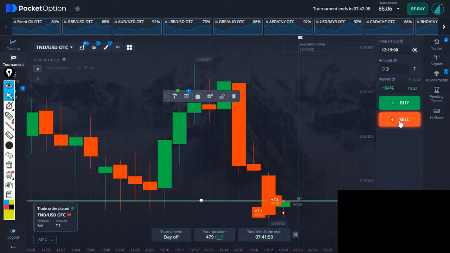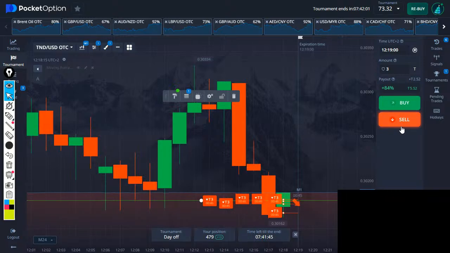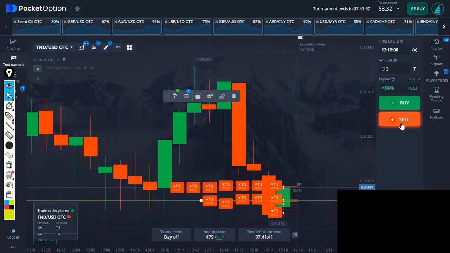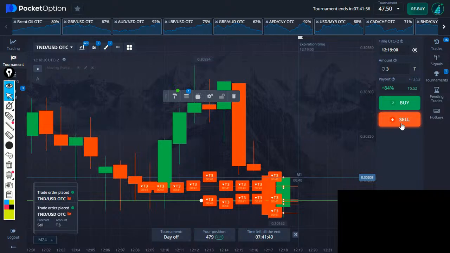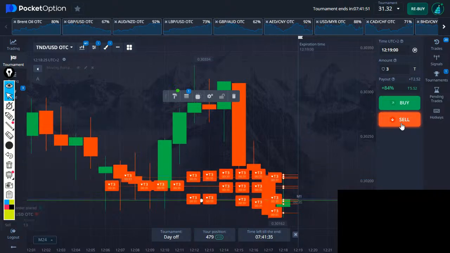Take three more. More. We have a clean gap up, the strong bearish momentum, so I allowed myself this kind of aggressive behavior since we are on the tournament. Don't do this with real money accounts.